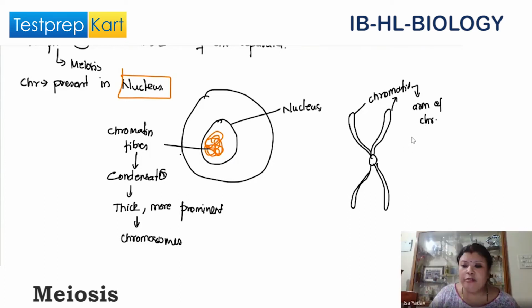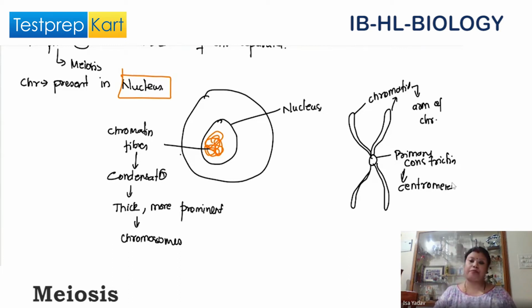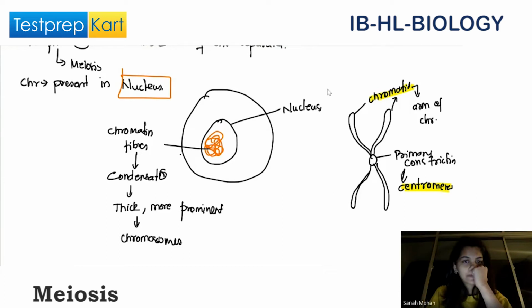This is the primary constriction, or it's called the centromere. This is the arm of the chromosome. And then we have the centromere. These points are clear, Sana? Any doubt here? Okay.